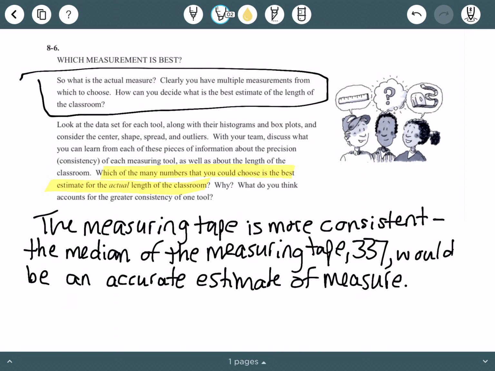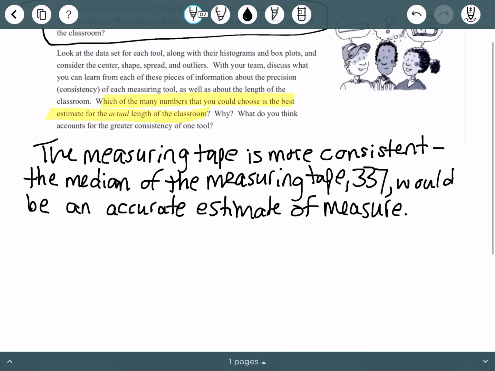It has a smaller spread of data, which means that people measuring using the measuring tape are going to have numbers that are closer together. So why is that? And what do we think accounts for the greater consistency of one tool? So why is it that the measuring tape would yield more accurate or more consistent results than the ruler?